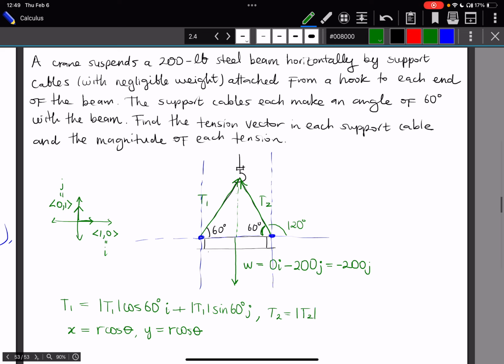And then instead of the cosine of 60 degrees, we have the cosine of 120 degrees. And then the magnitude of T2 gets multiplied, and that was with I, so we're missing an I here. And then we add the magnitude of T2 times the sine of 120 degrees.